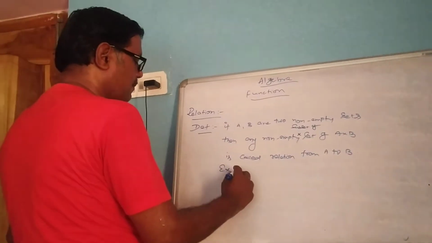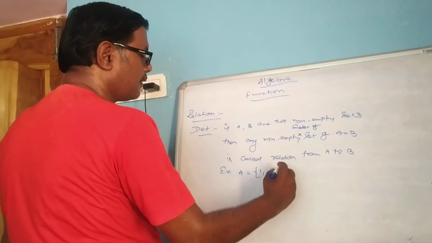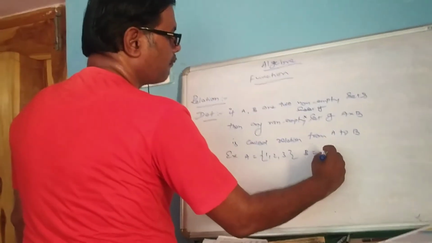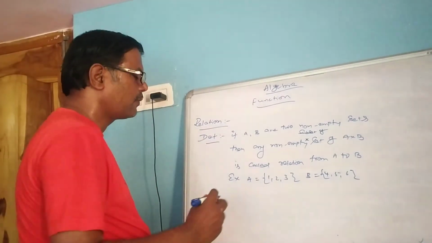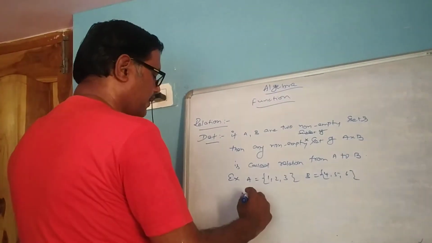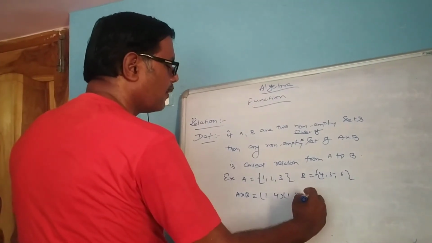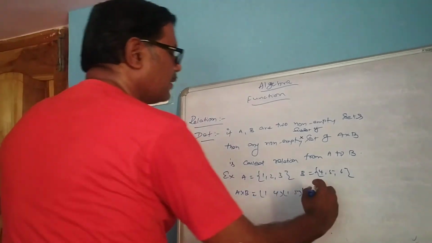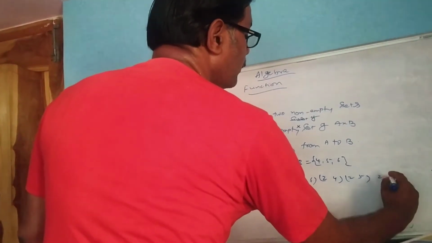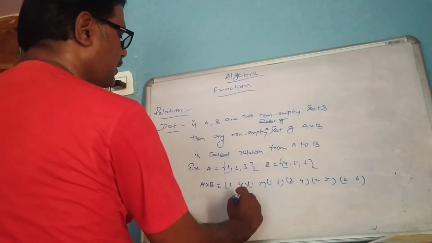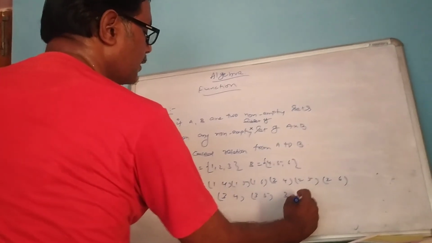For example, I have taken A as {1, 2, 3} and B as {4, 5, 6}. Now A cross B is equal to (1, 4), (1, 5), (1, 6), (2, 4), (2, 5), (2, 6), (3, 4), (3, 5), (3, 6).